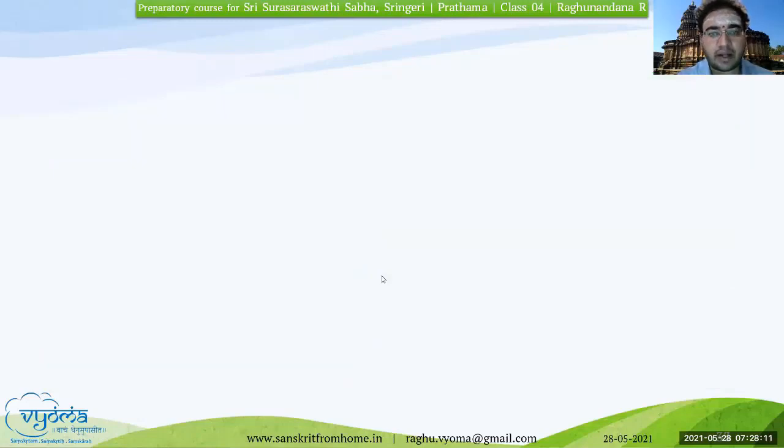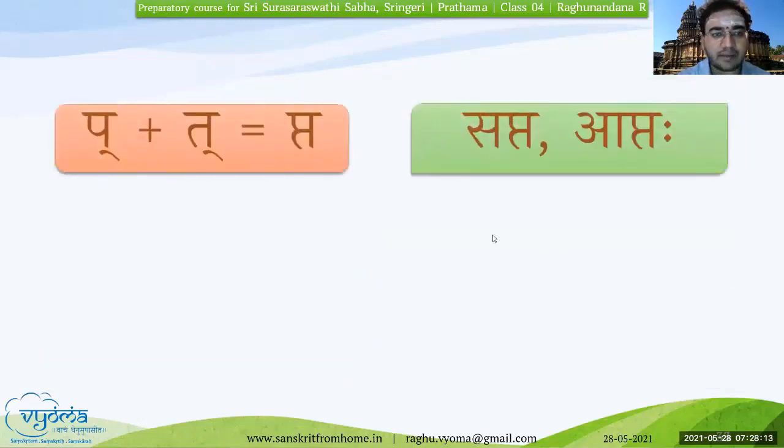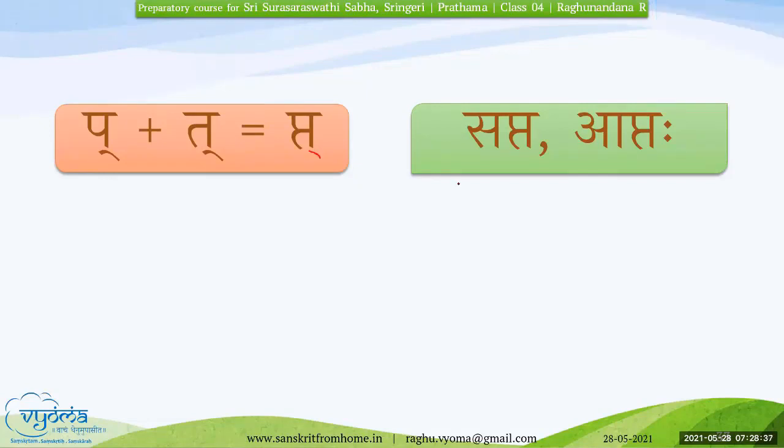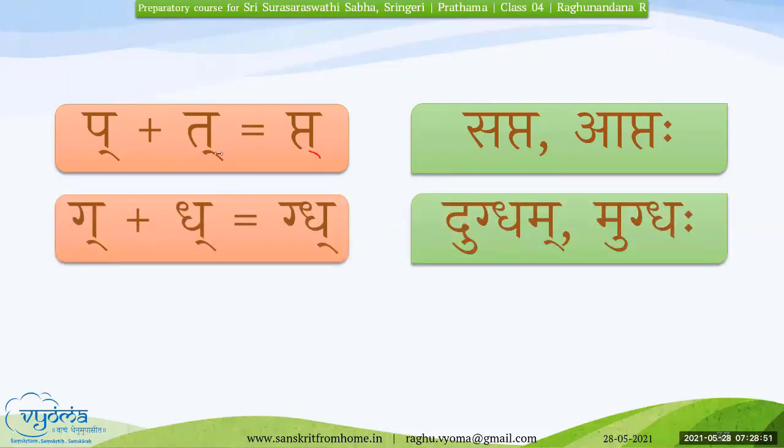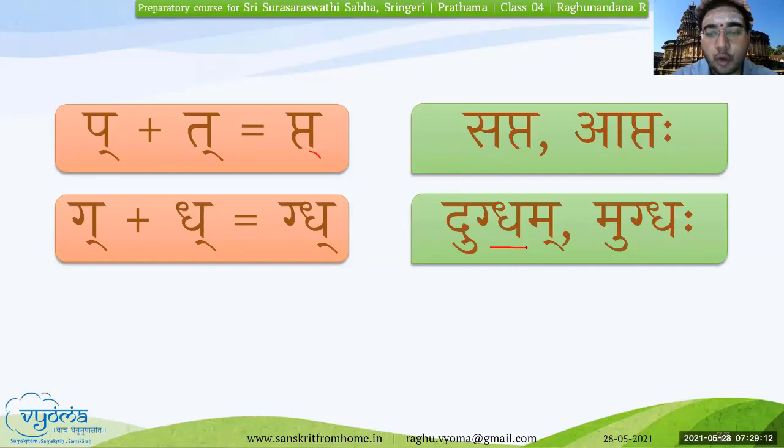We'll read out these words again. P, T, T, Sapta, Sapta, Aptaha. Very good. Next one. G, D, Dugdham, Mugdhaha. Very good.